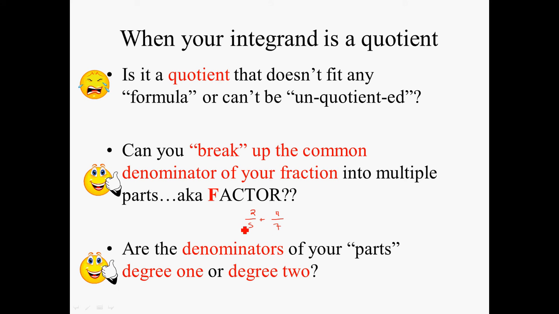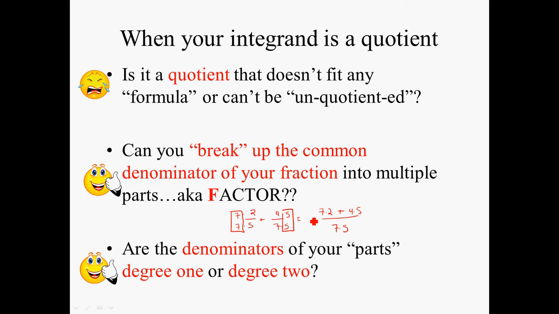You had to multiply this by a 7, which meant you had to multiply that by a 7. You had to multiply this denominator by a 5, which meant you had to multiply the numerator by a 5, so that you were multiplying both of the fractions by a 1. Then what did you have over here? You had 7 times 5, and your numerator was 7 times 2 plus 4 times 5.